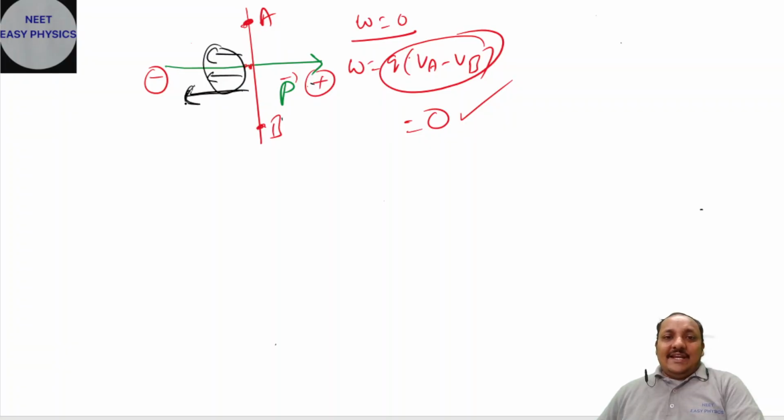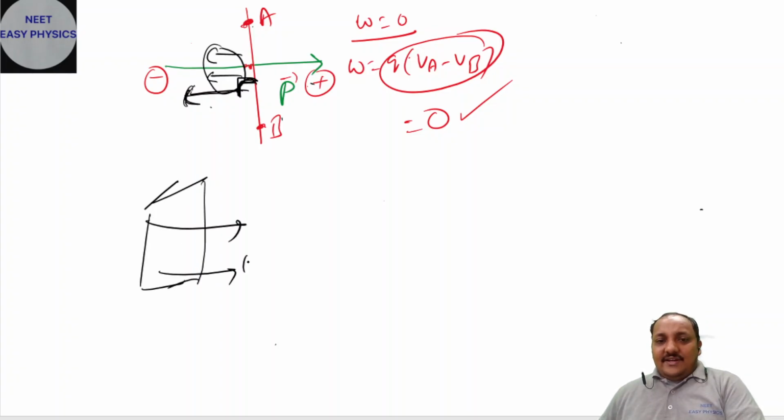Correct? So the electric field intensity direction always makes 90 degrees with the equipotential line. For any equipotential surface, the electric field intensity always makes a 90 degree angle. The electric field intensity direction is always perpendicular to the equipotential surface.